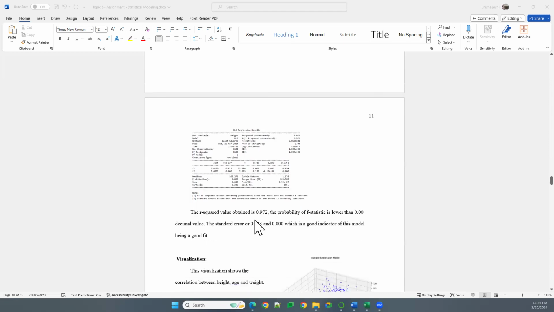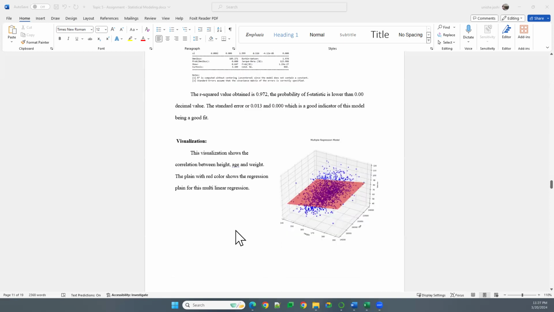The R squared value I obtained here is 0.972, and the F-statistic is lower than 0.00, and the standard error is 0.1013 and 0.000 for both age and height. Since these values are pretty low, we can say that this is a good indicator of this model being a fit. And this is the 3D visualization of height, age, and weight.